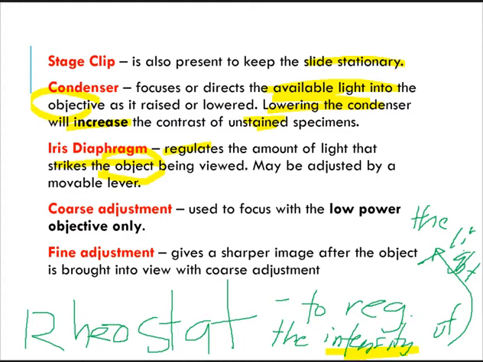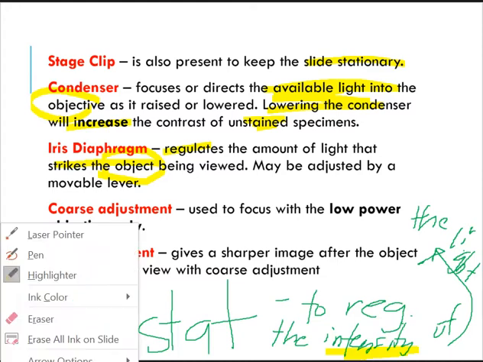The distance between the slide and the objective is controlled by your coarse and fine adjustment knobs. Please take note that initial focusing is performed using your coarse knob, which moves the mechanical stage up and down, as I said earlier.